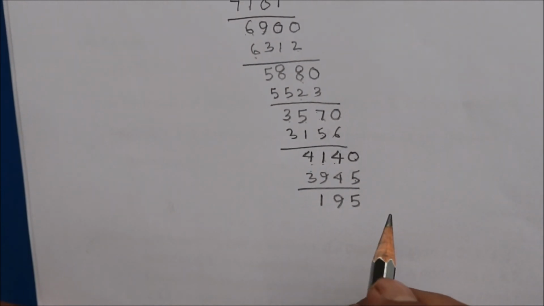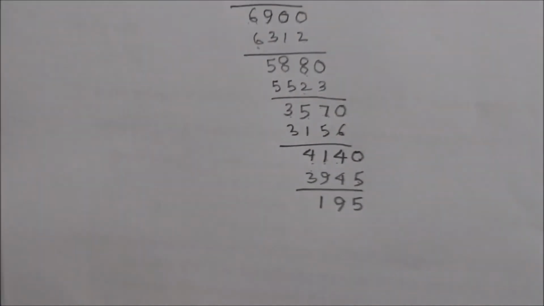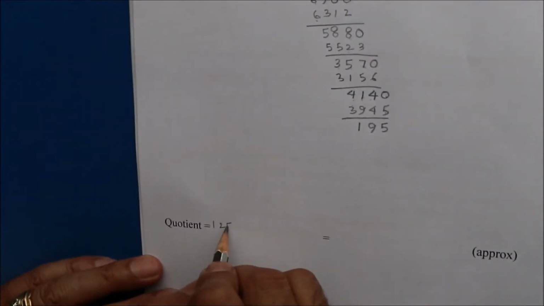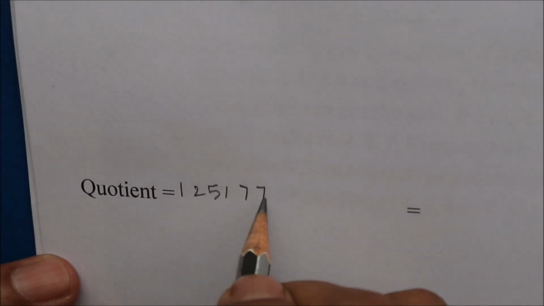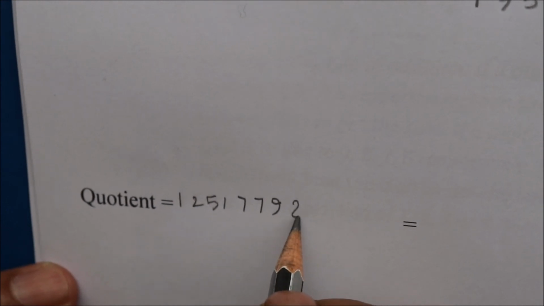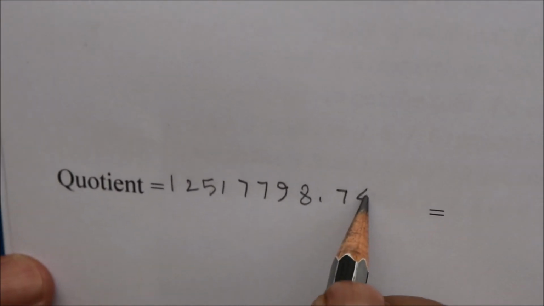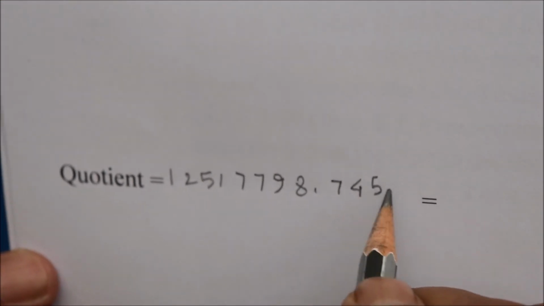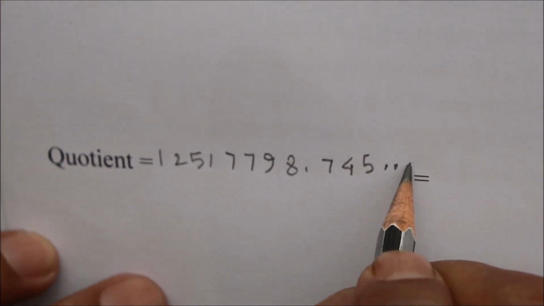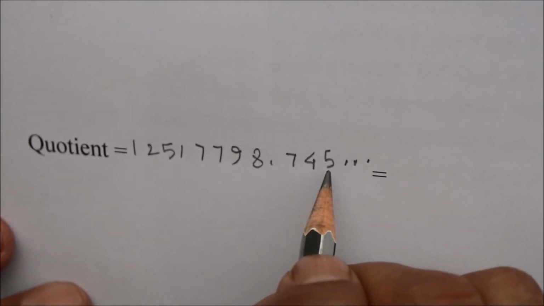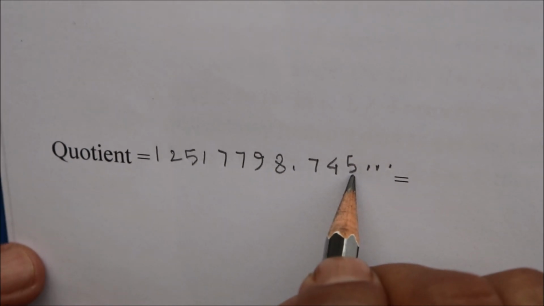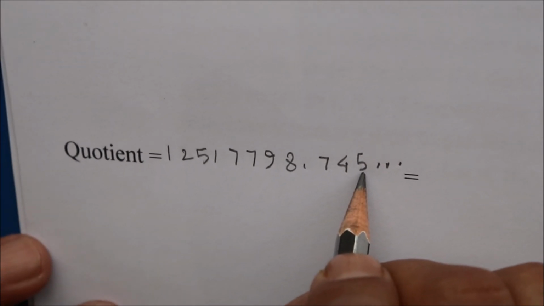Therefore, the quotient is 1251798.745... The third decimal place is 5 or more.